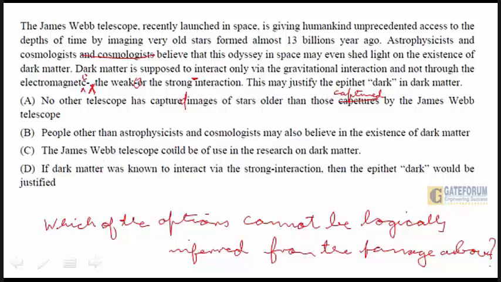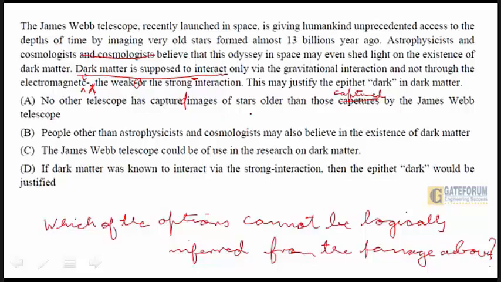Next, people other than astrophysicists and cosmologists may also believe in the existence of dark matter. Well, yes, they may, because dark matter is something that is supposed to interact. It is supposed. Now, who supposes this? Many might suppose, it has not been mentioned here as to who exactly are the ones who suppose. It may be astrophysicists, maybe cosmologists.